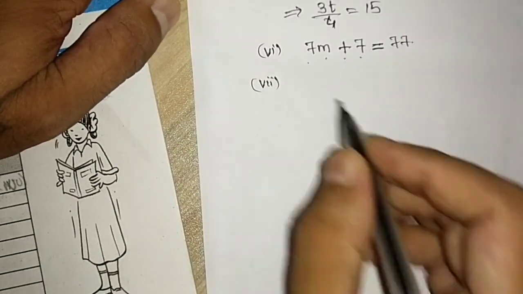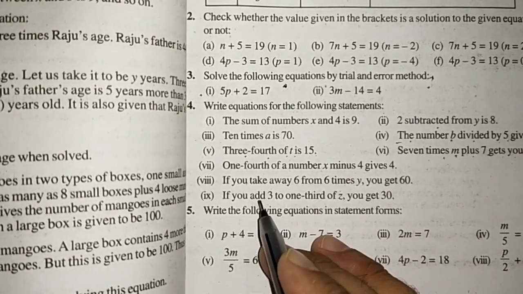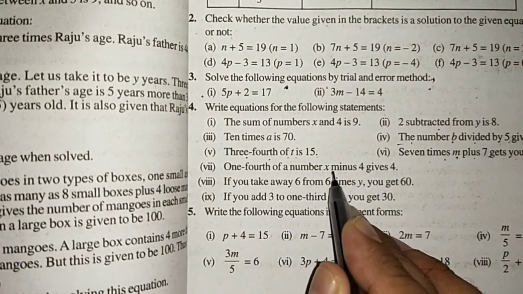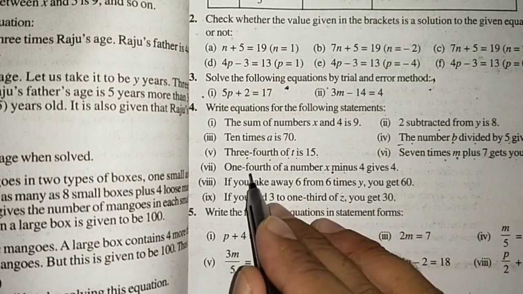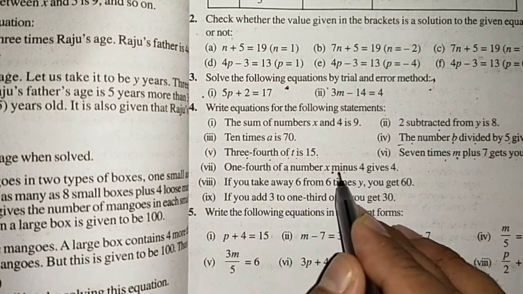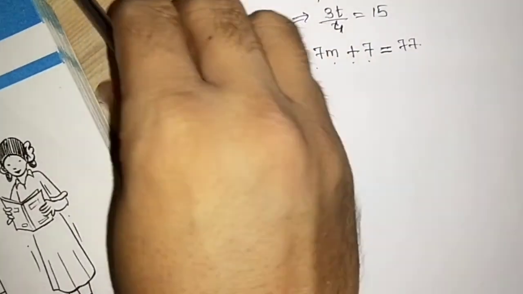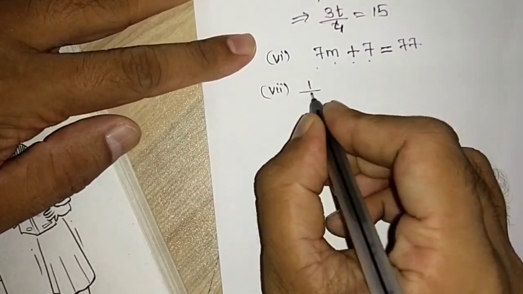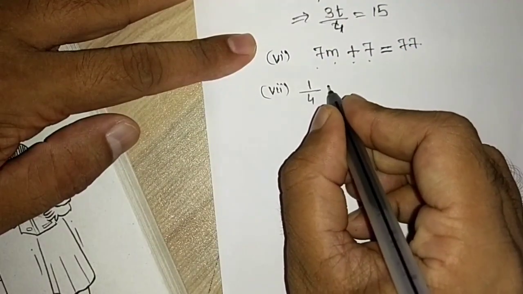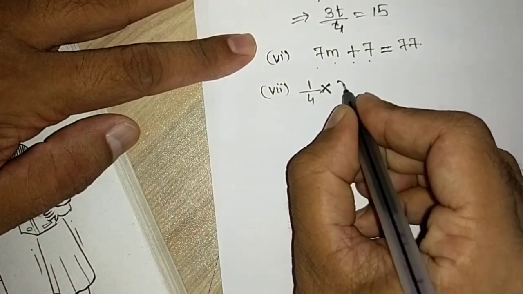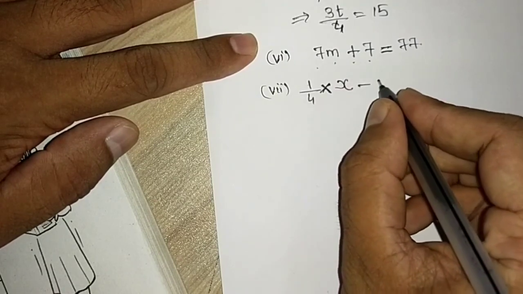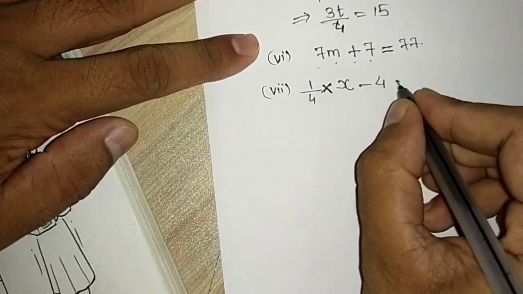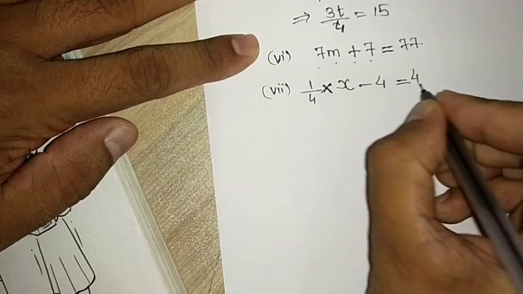Moving to seventh part. Seventh part says 1/4 of a number x minus 4 gives 4. Let me first write 1/4 of the number x. 1/4 of the number, of means multiplication, of the number x minus, minus 4 gives means is equal to 4.